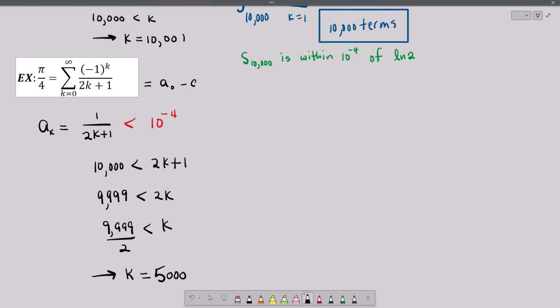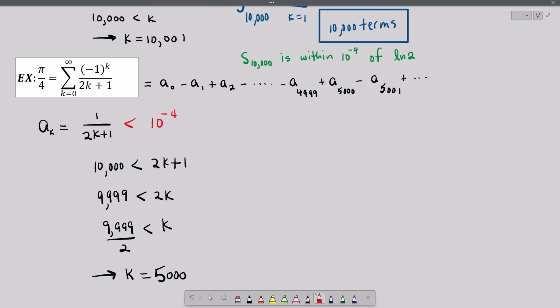Then minus a sub 1, and then plus a sub 2, minus, etc. When we get to a sub 5,000, should there be a plus or a minus in front of it? Plus, because all the evens have a plus. So there's going to be a minus on the next term, a sub 5001, plus etc. There will be a minus before, so that's a sub 4,999.